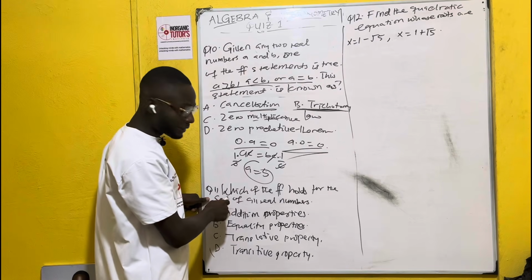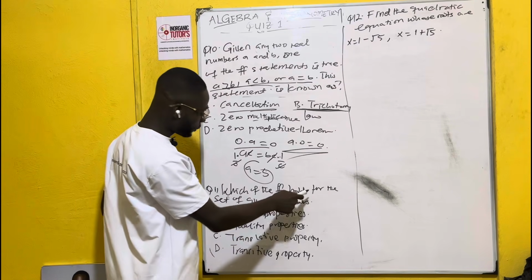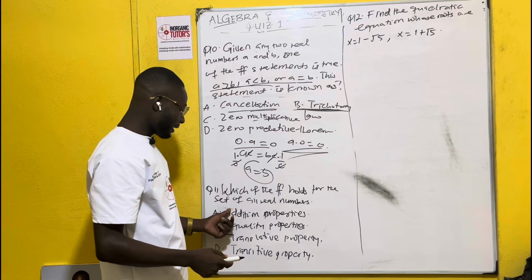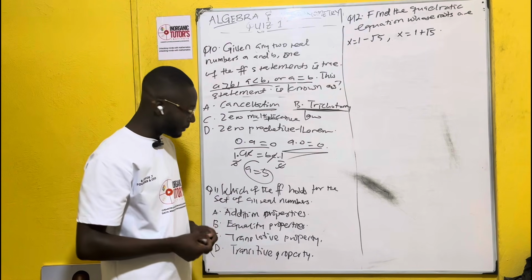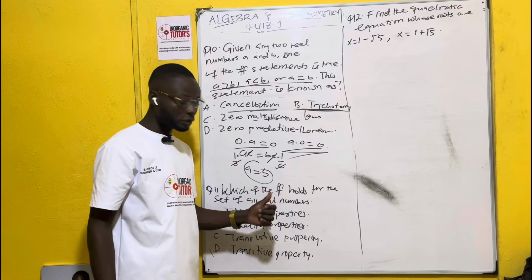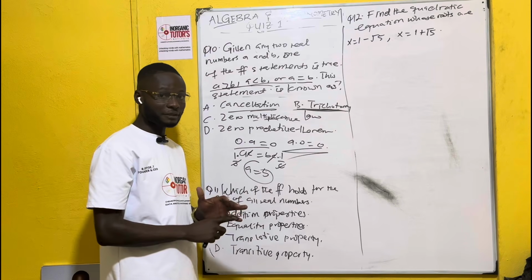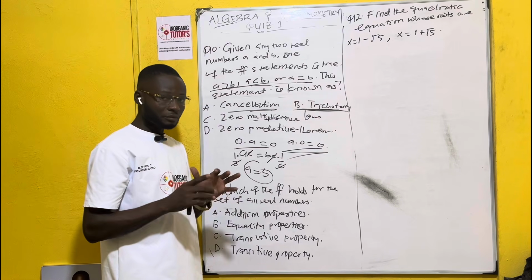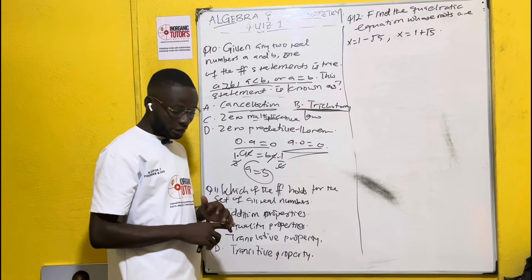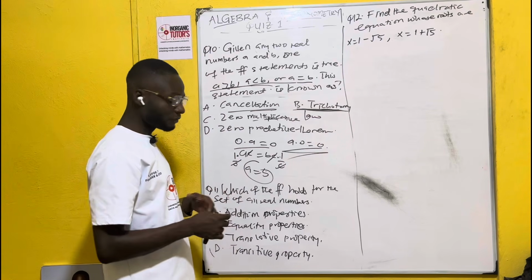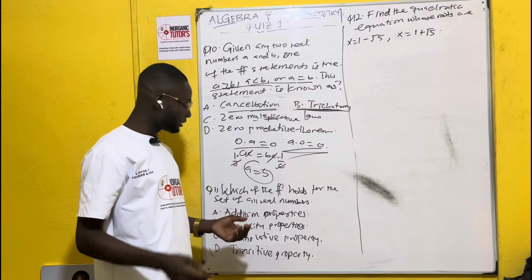Now, question 11 says which of the following holds for the set of all real numbers. The addition property holds for all real numbers because it works for the inverse, the associativity, the identity, and the commutativity.